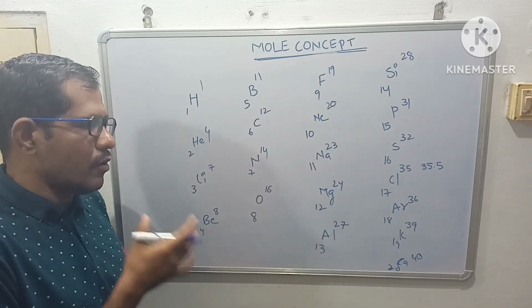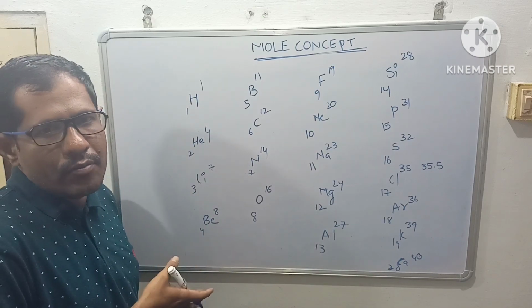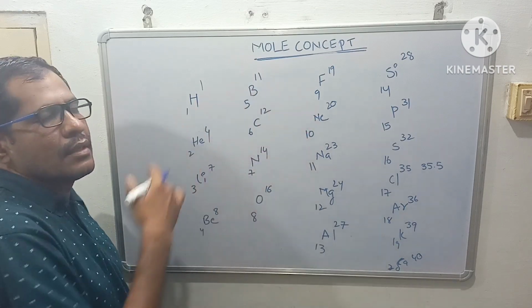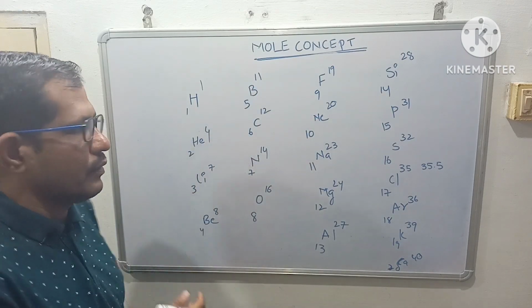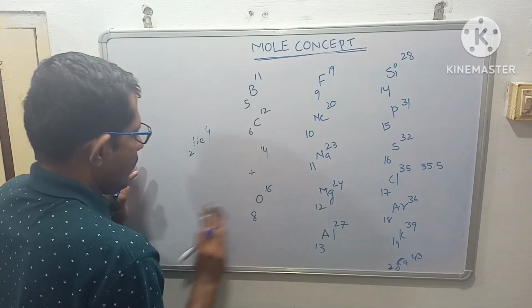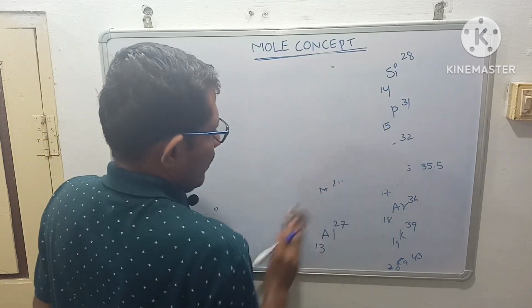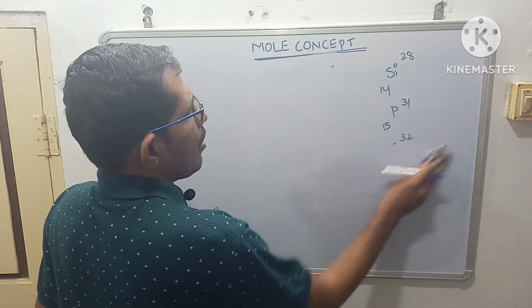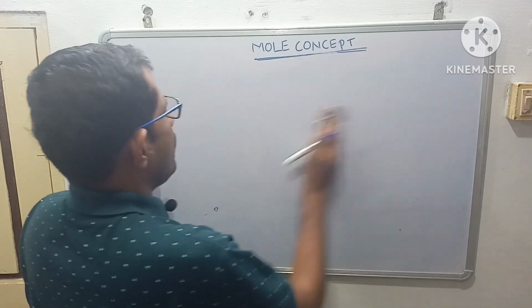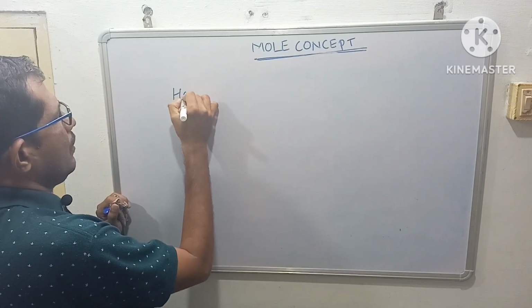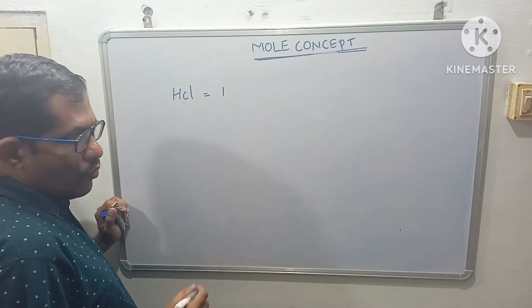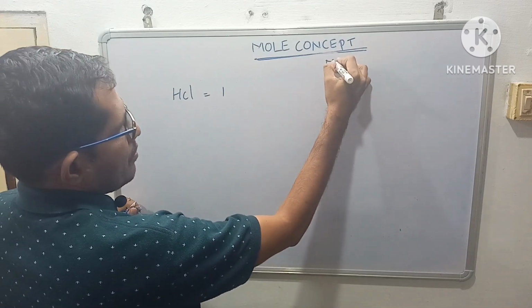I will show you for 4 compounds how to calculate the molar mass by using these atomic weights. Are you ready? So first I will list the 4 compounds and calculate the molar mass for them. If you take HCl, hydrogen atomic weight is 1.